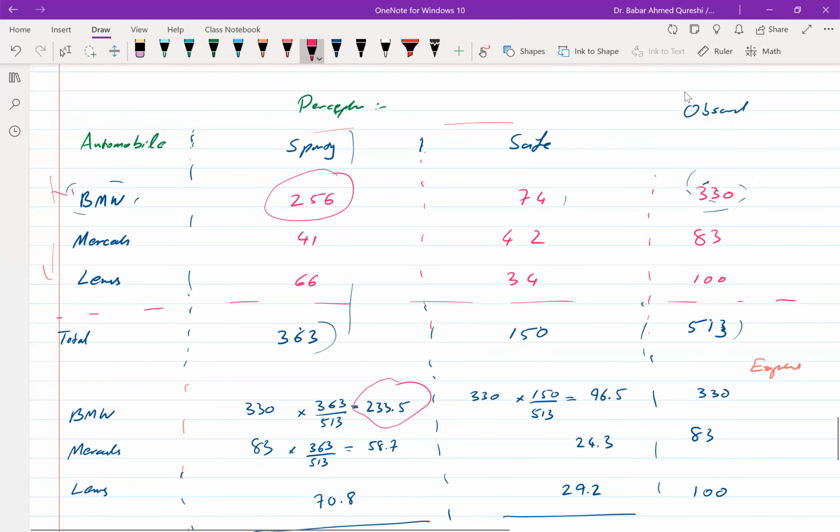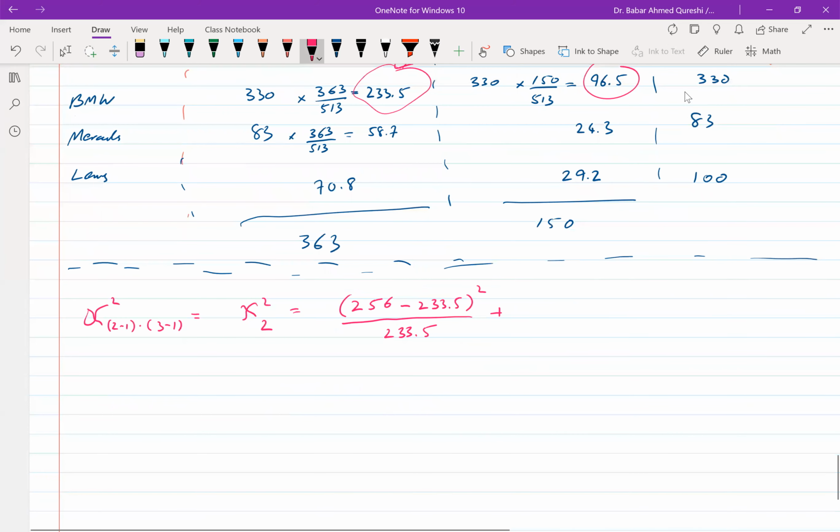That's from this first pair. The second pair is these two: 96.5 minus 74, squared, over 96.5, and so on. So you make these 6 pairs and you get 26.8.